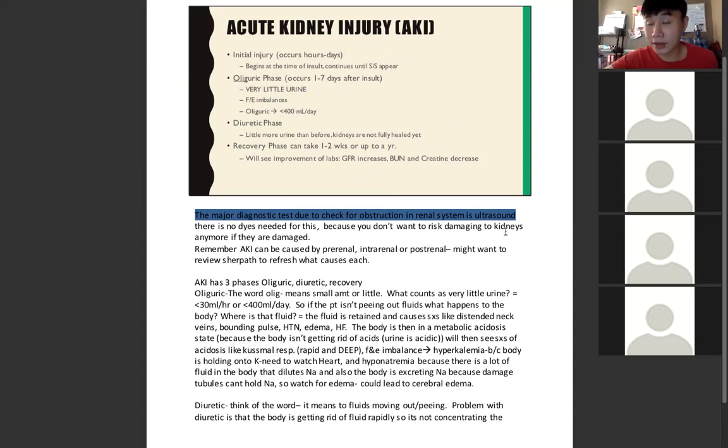And then we do the bladder scan to see if there is urine remaining inside the patient's bladder. The reason this is the better test is because there's no dye needed. We all know that dye is very, very damaging to the kidney.